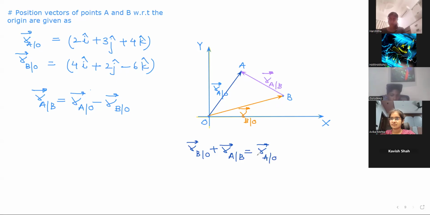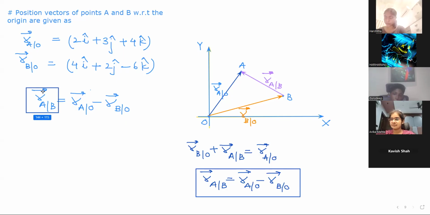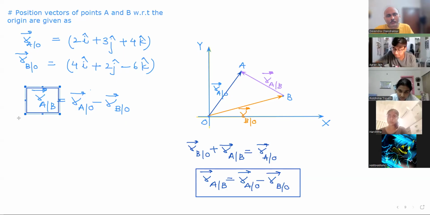Yes or no? So RAB is how much? RAO minus RBO. So always remember, whenever you want to write position vector of one object with respect to another object, or one particle with respect to another particle, you subtract.